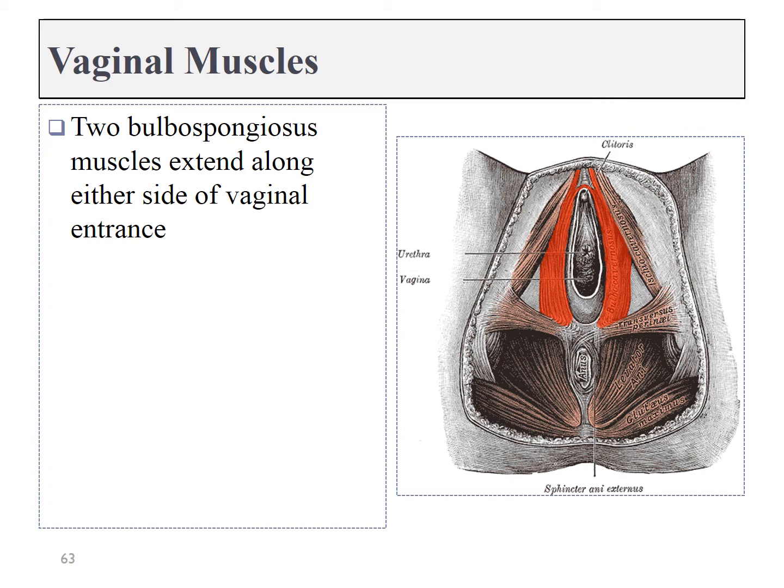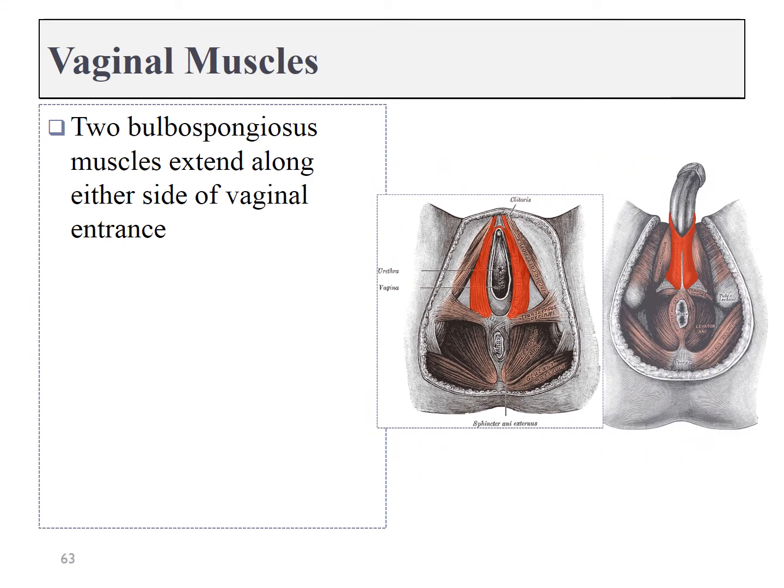And even though we think of skeletal muscles as being controlled by conscious activity, it's not entirely true that we have control over these muscles whenever we want to. In fact, contraction of a number of skeletal muscles near the vagina occurs during sexual intercourse, including these two bulbospongiosus muscles here on either side of the vagina.